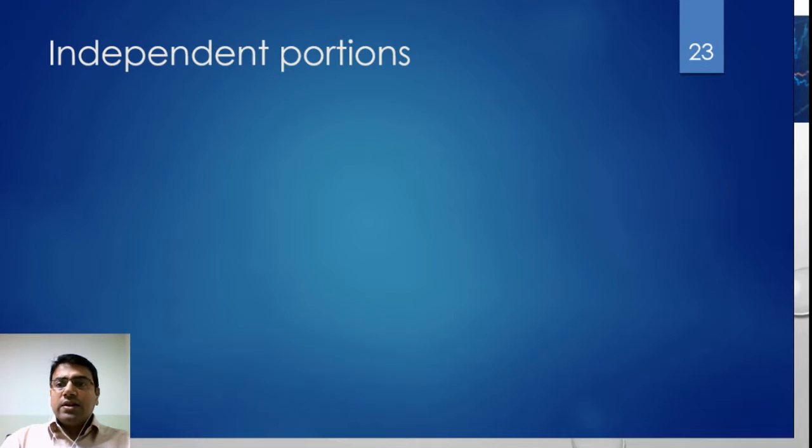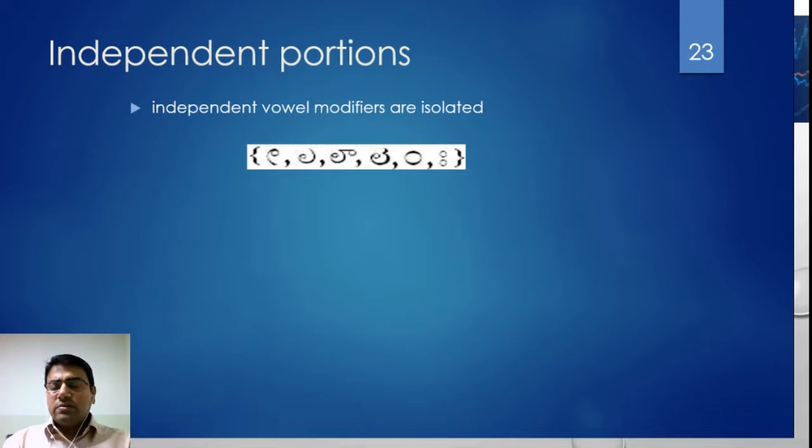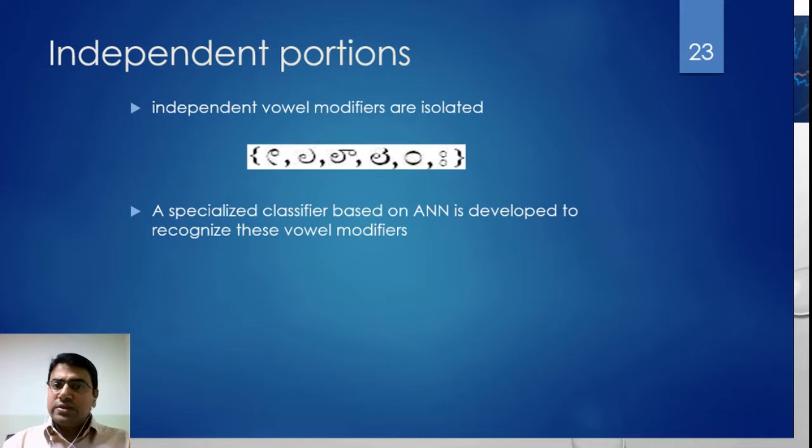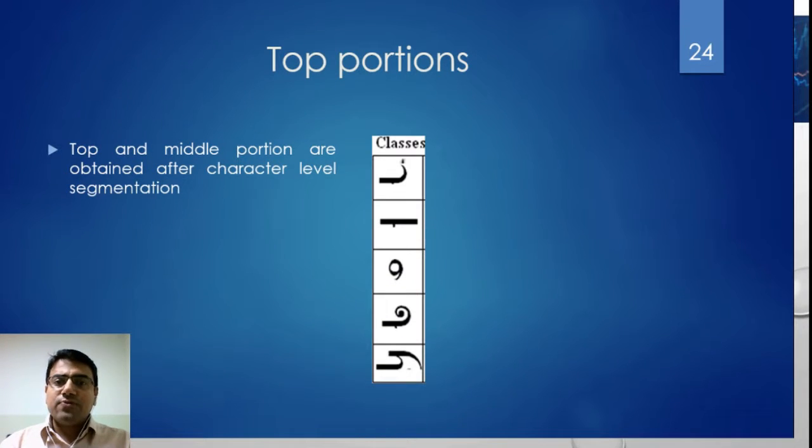Now there are several independent portions present in the Kannada script. There are six different whole modifiers, and we developed an artificial neural network to perform the recognition of these independent portions. Now discussing the top portion, there are five different types of top portions present in Kannada.